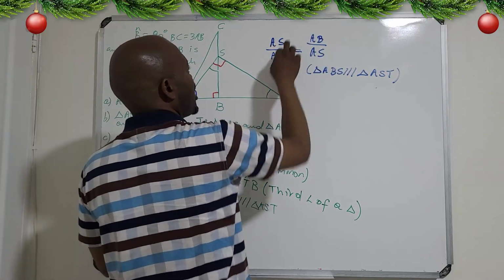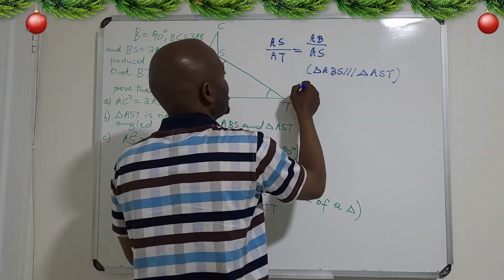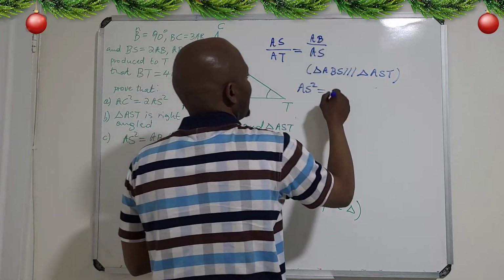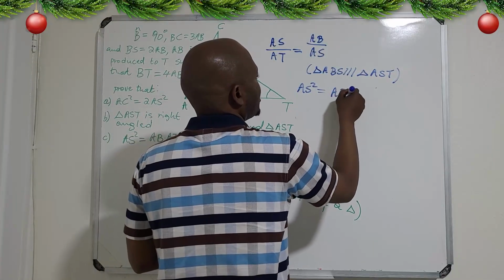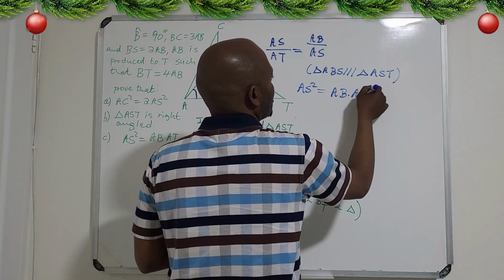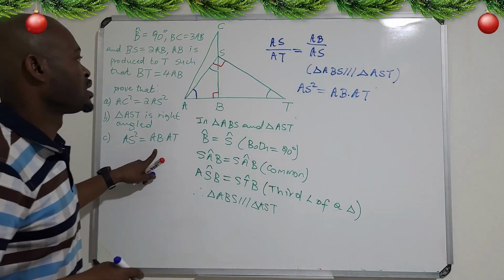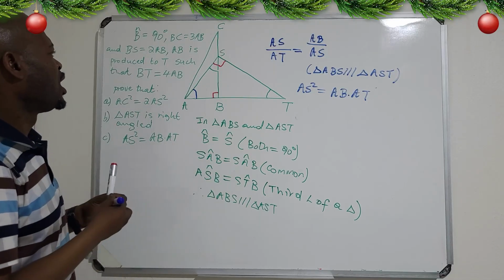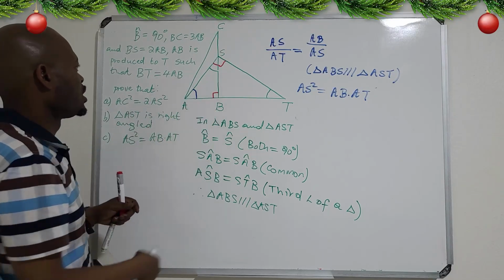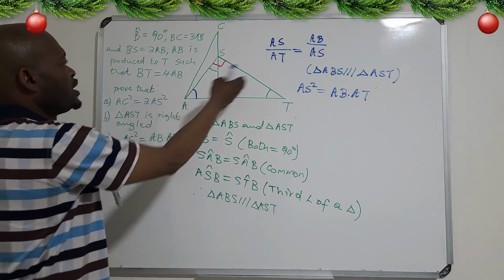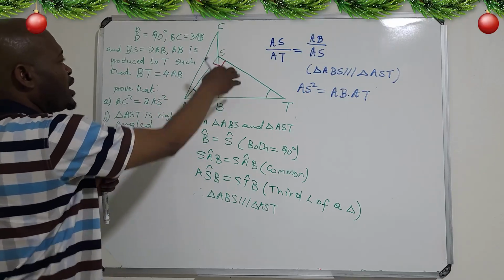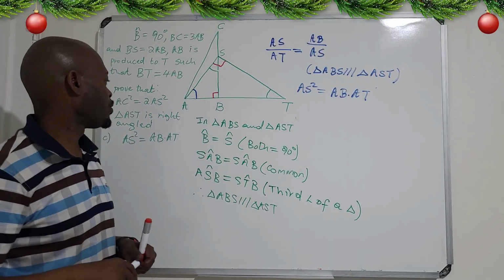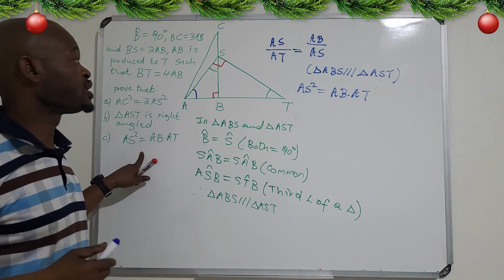Now, we cross multiply, and we get AS squared is equal to AB dot AT, which is that there. I think we've done a lot of examples on proving similarity and highlighting our angles for us to set up our ratio so that we can prove what needs to be proved.